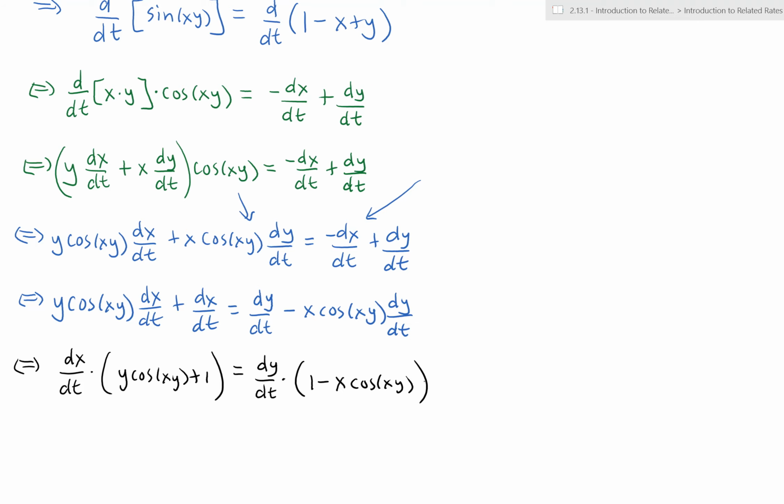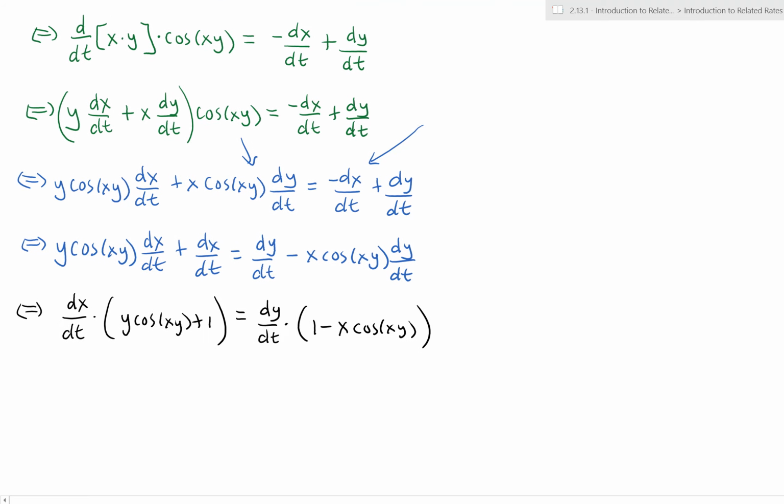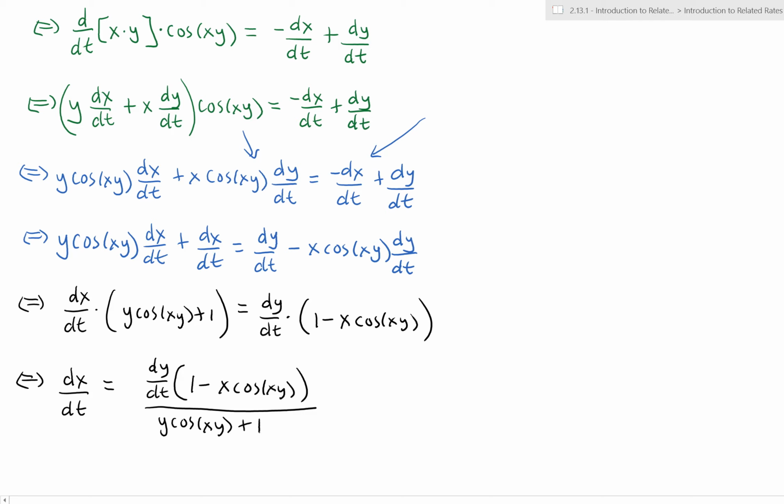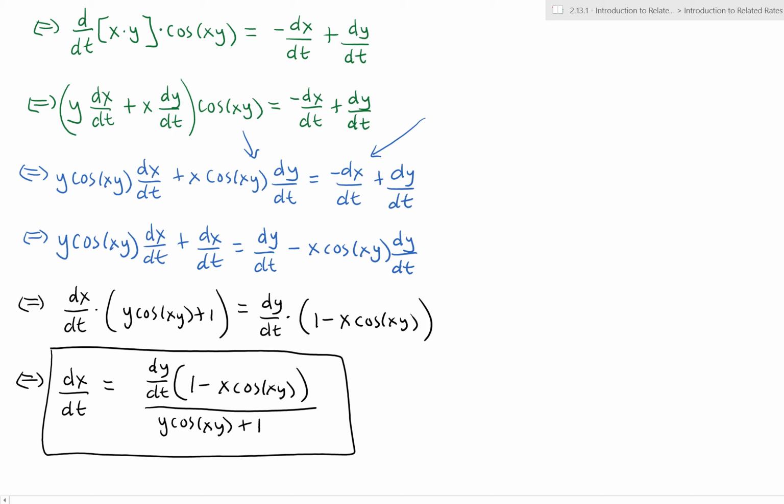It's not completely necessary, but we might as well do it because we can. Finally, divide both sides by y cosine of xy plus 1 to get that dx/dt is dy/dt times 1 minus x times cosine of xy, all divided by y cosine of xy plus a 1. And all of that just to figure out what dx/dt is.